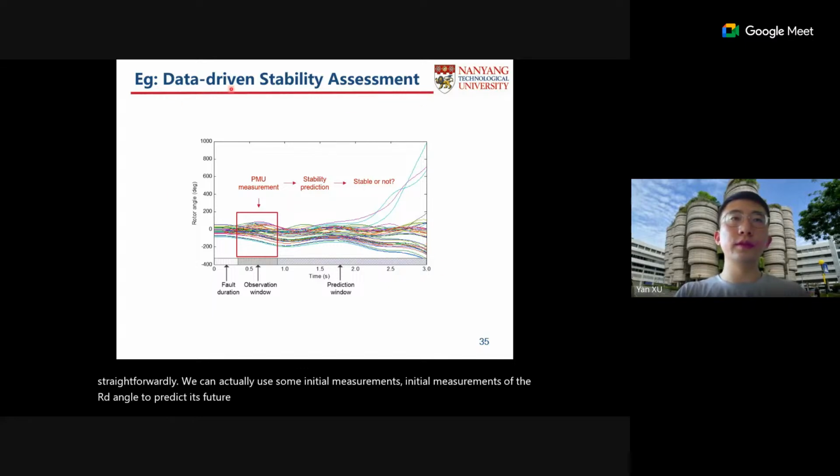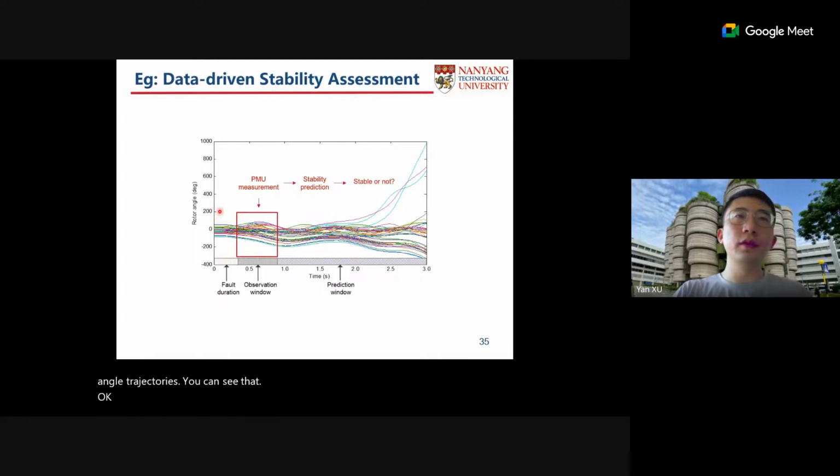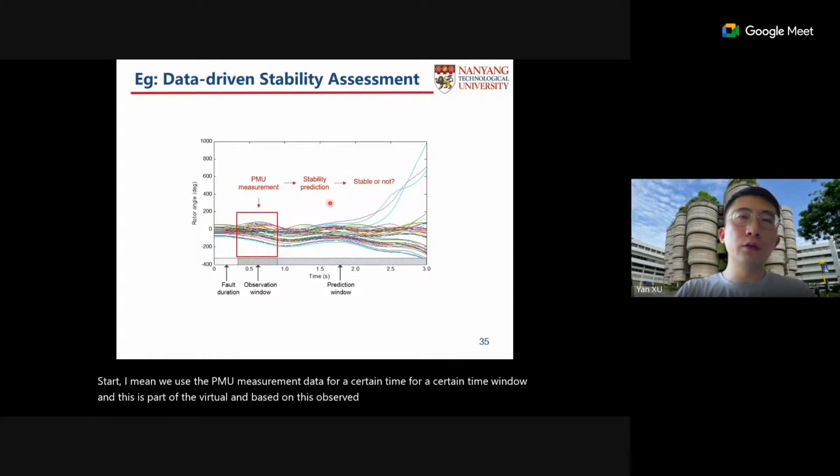Now, this is the illustration. This is another simulated rotor angle trajectory. You can see that the fault happens during this time period. And after the fault is cleared, we use the PMU measurement data for a certain time window. This is called the observation window. Based on this observed PMU data, we can do the prediction.